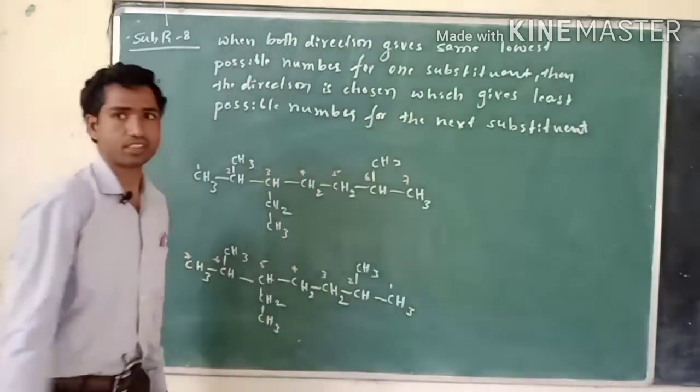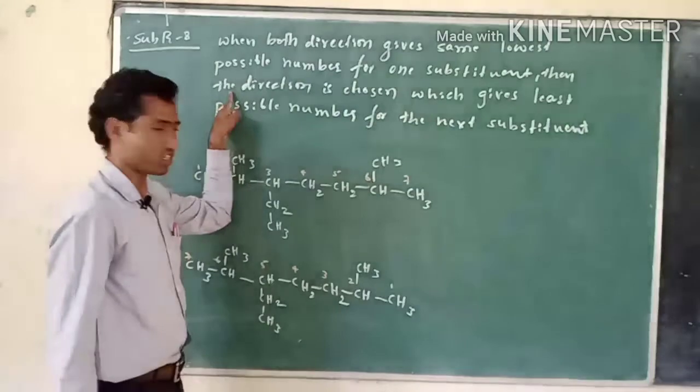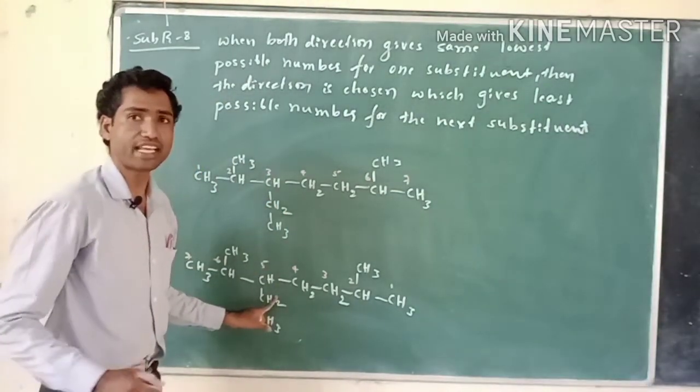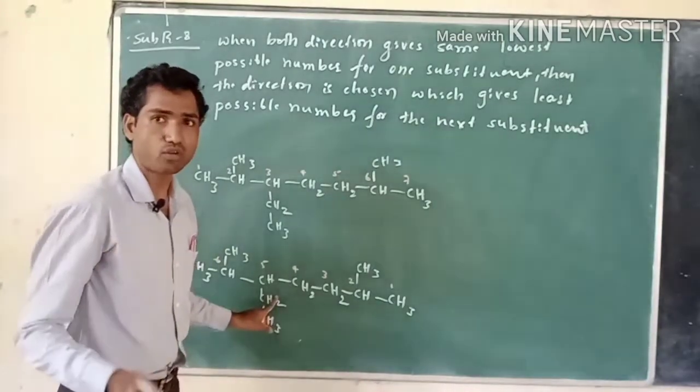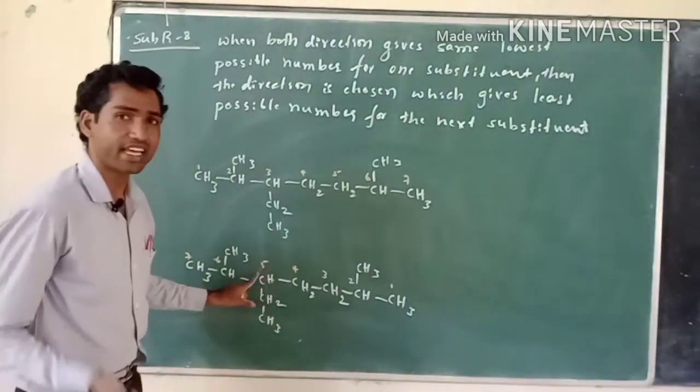This is the rule. So what is that? Then the direction is chosen. Out of these two, one direction is chosen. So which direction? That numbering from that direction will give the least number to the next substituent.